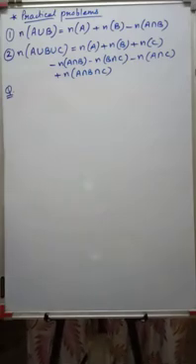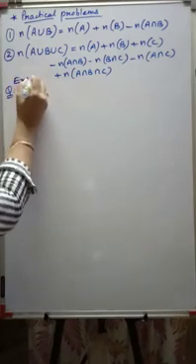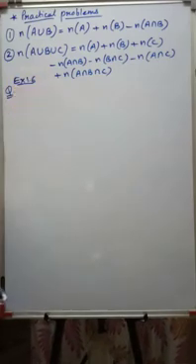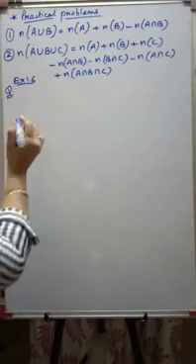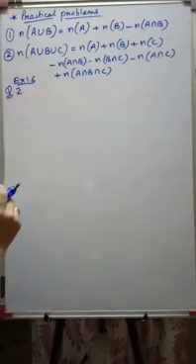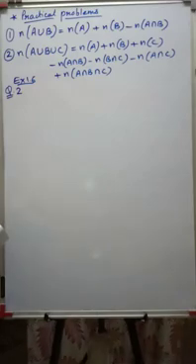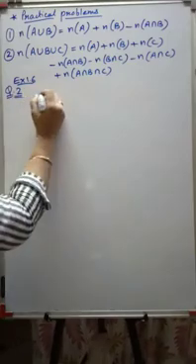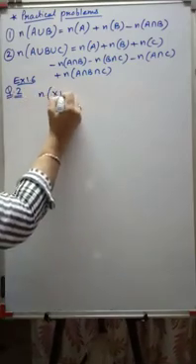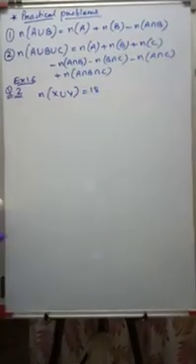Exercise 1.6, question number 2. If X and Y are two sets such that X union Y has 18 elements, so n of X union Y is equal to 18.